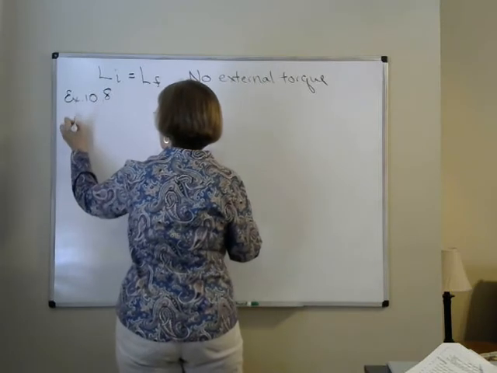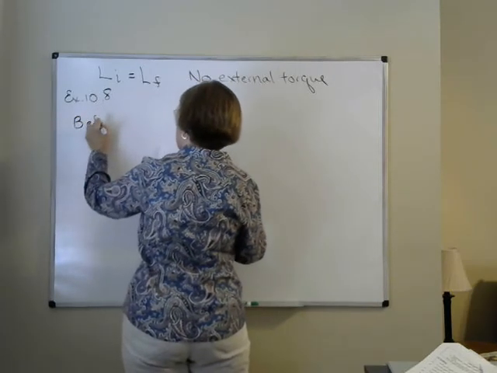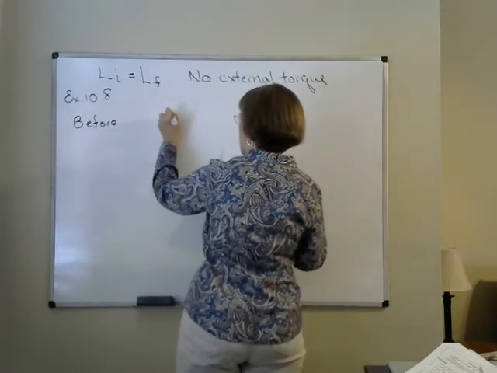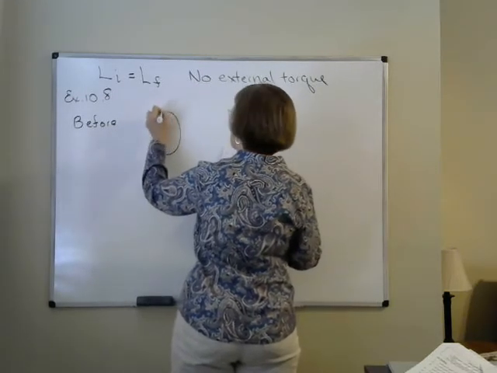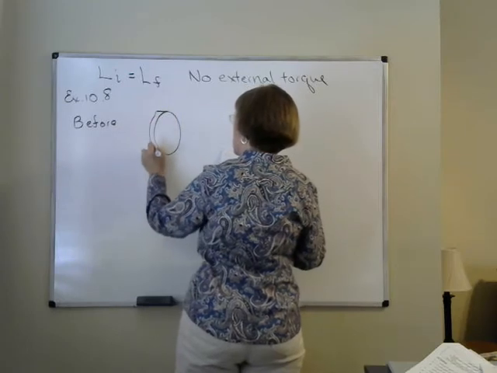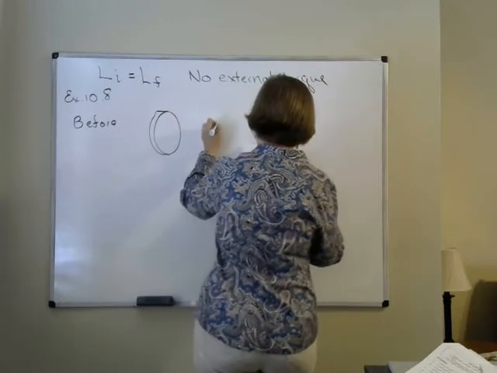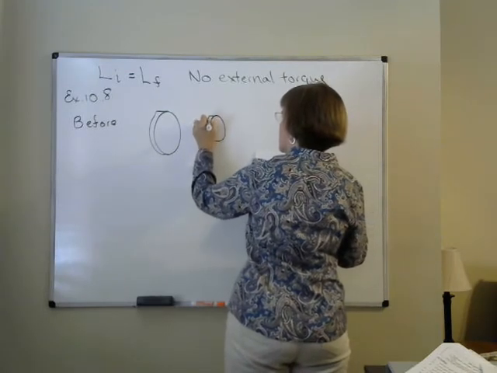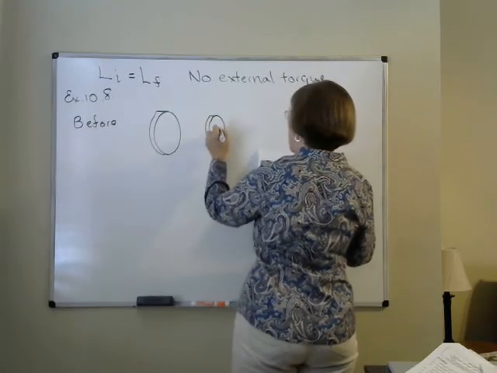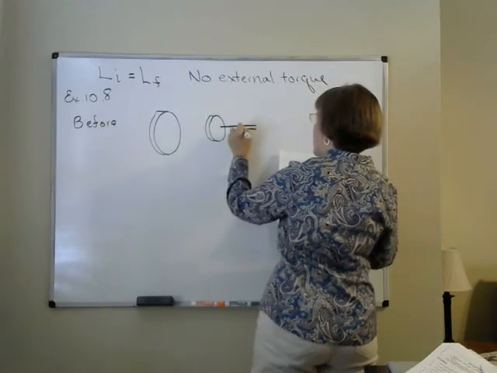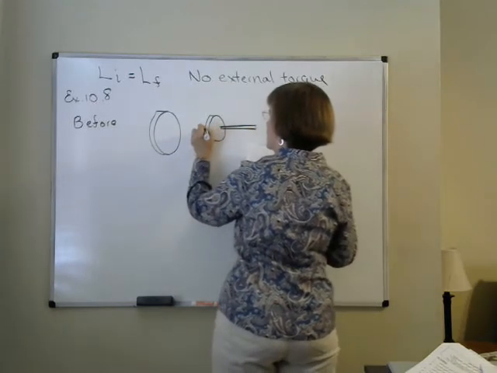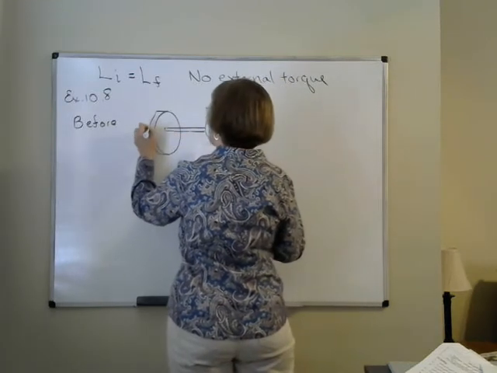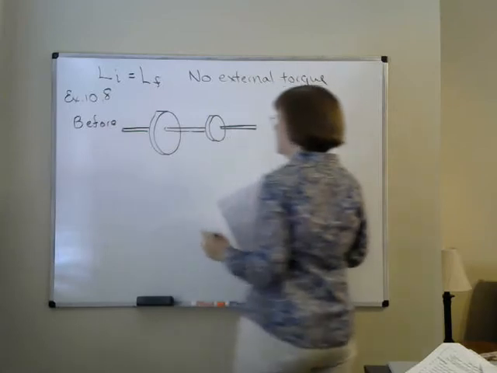In the initial, before picture, we've got a larger disc and a smaller disc. They're both on a common axle, which is ideally drawn right through the center.